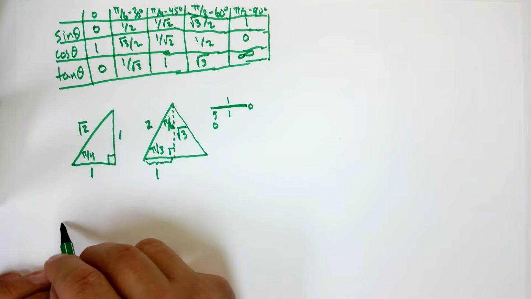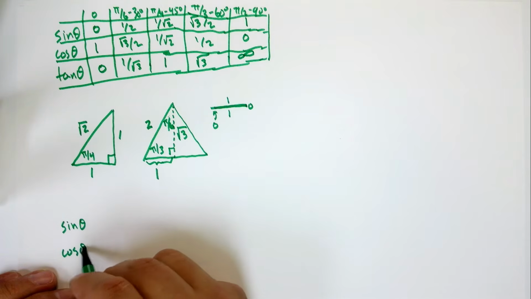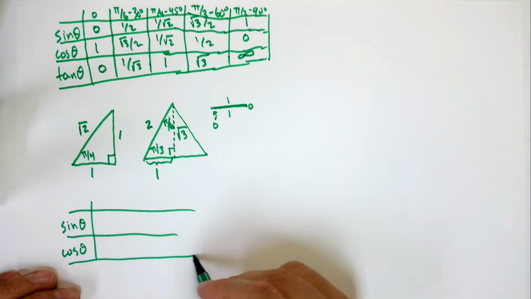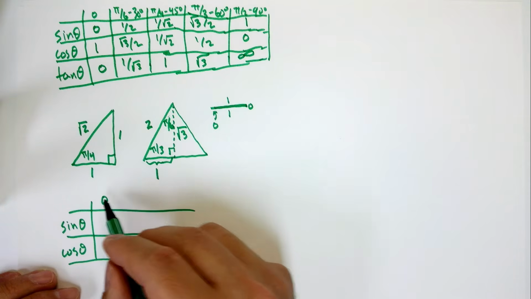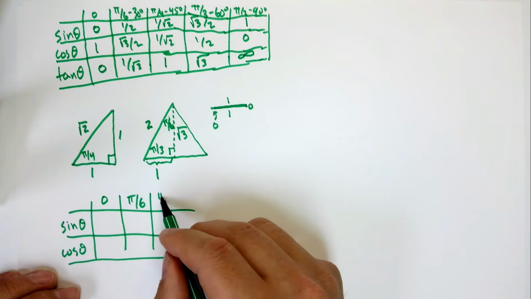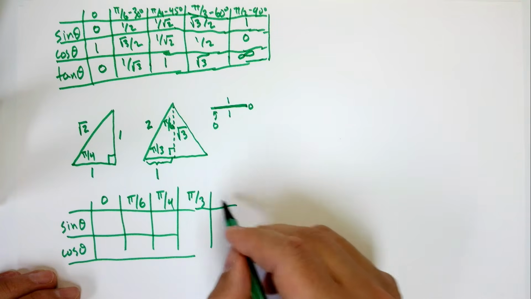Well, here's how I like to remember sine and cosine. We're going to go through and just make a really simple chart. So we're going to have 0, pi over 6, pi over 4, pi over 3, and pi over 2.